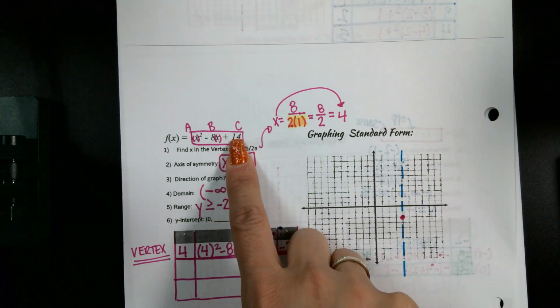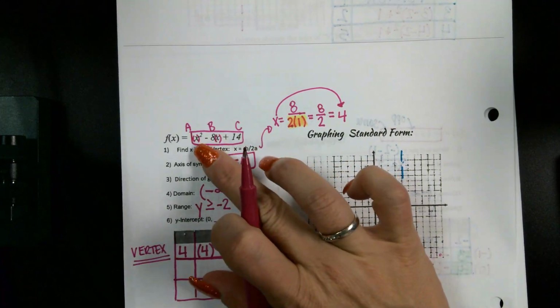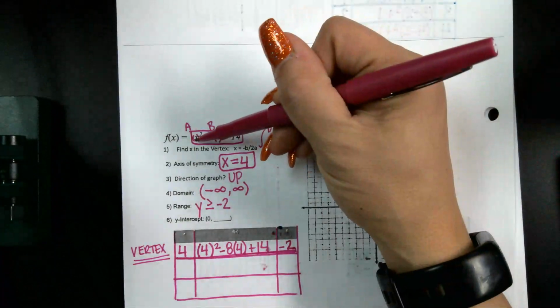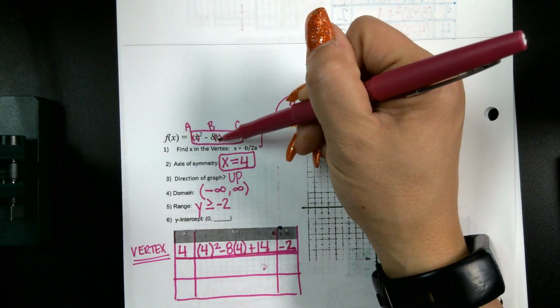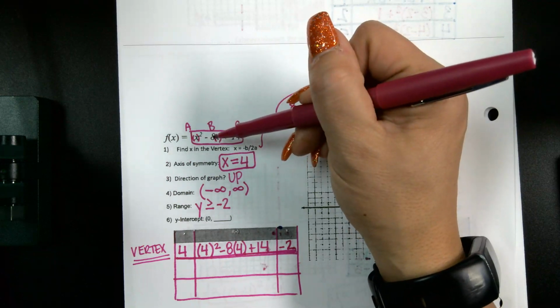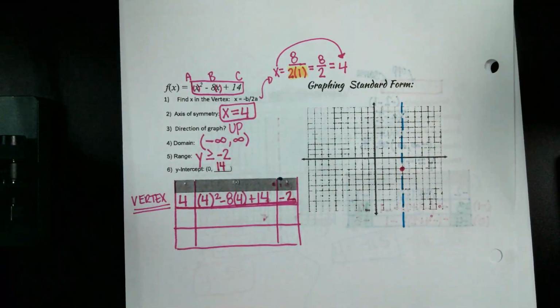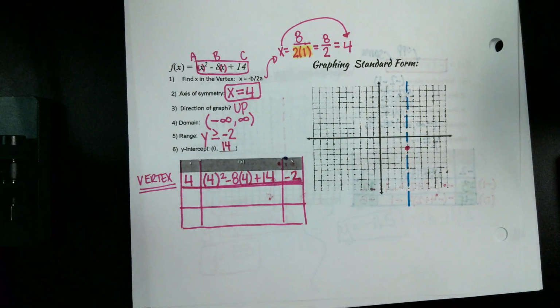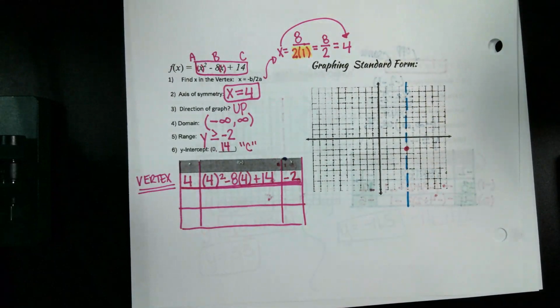So we just know the answer is 14. So actually it's easier to do a y-intercept when it's in standard form. Because if you plug in 0 squared, that's 0. 8 times 0 is 0. So those are zeros. And then it's just plus 14. So the y-intercept would be 0, 14. I'm just going to put on here that it's the c value, the constant.